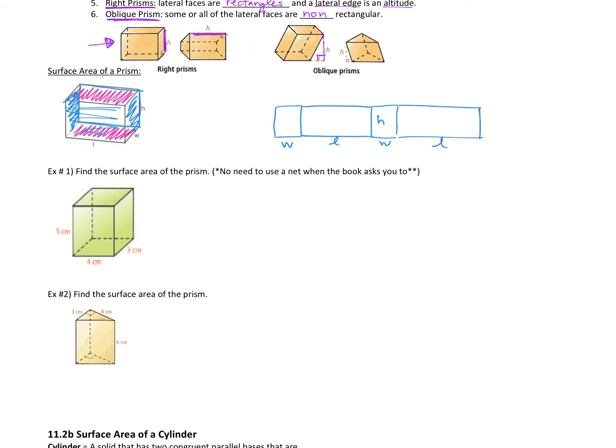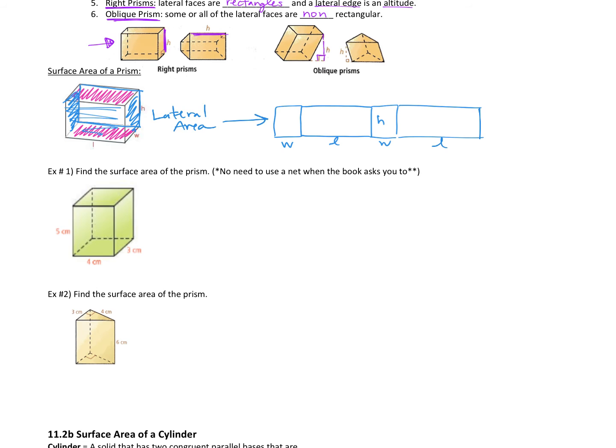What you're seeing right now, this right here, is the lateral area. It's the area of everything except for what? What do we call those pink things? The pink shaded. Base? Those are your bases. So your lateral area is the area of everything but the bases.